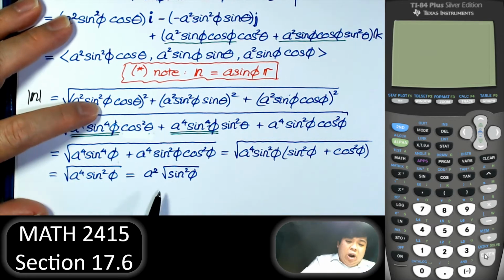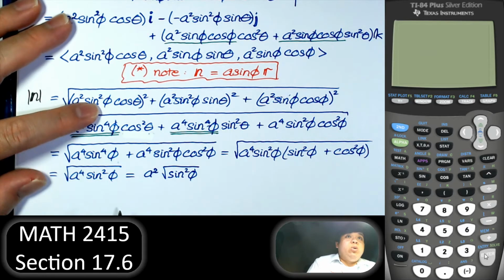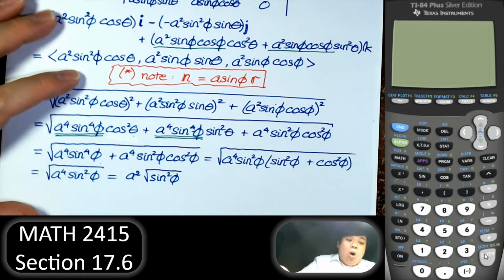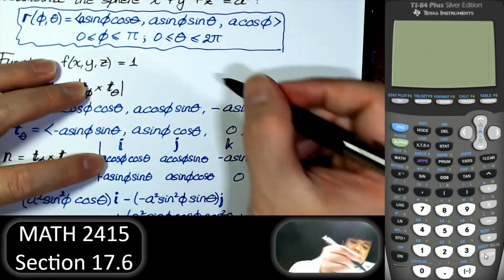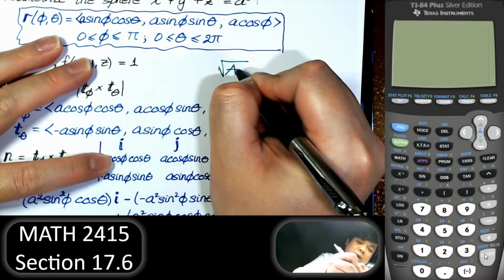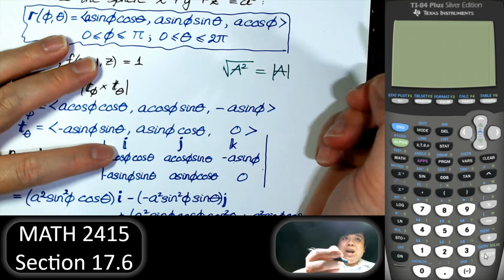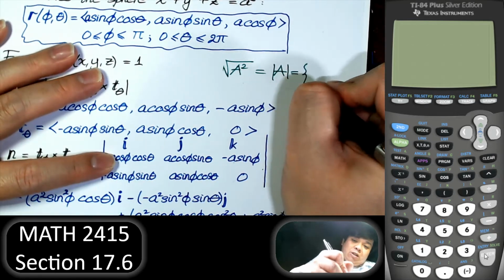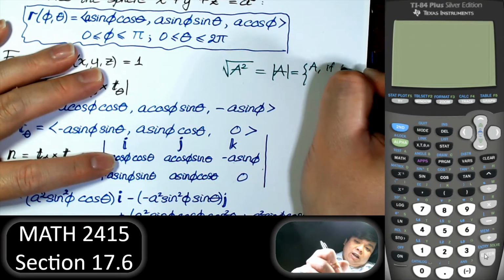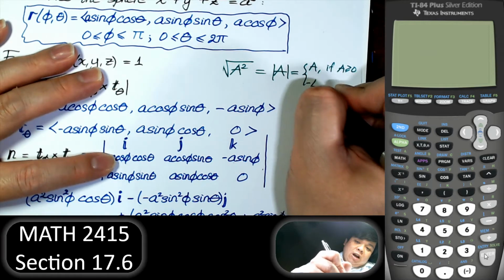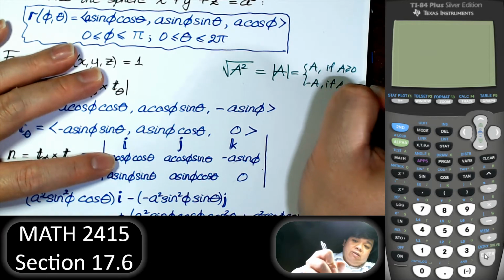You say, why don't I cancel the square and square root? Well, it's not always the case, right? In general, we know if we have a square root of a square, it is the absolute value of a and not equal to a, so they don't cancel out. The absolute value is equal to a if a is greater than or equal to 0, and the opposite if a is negative.